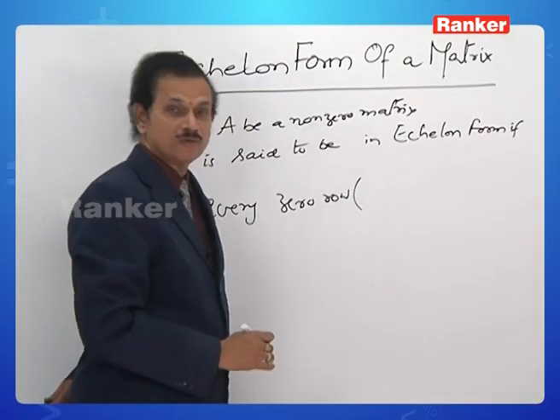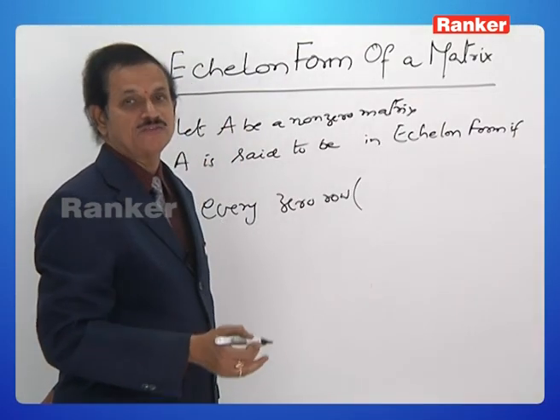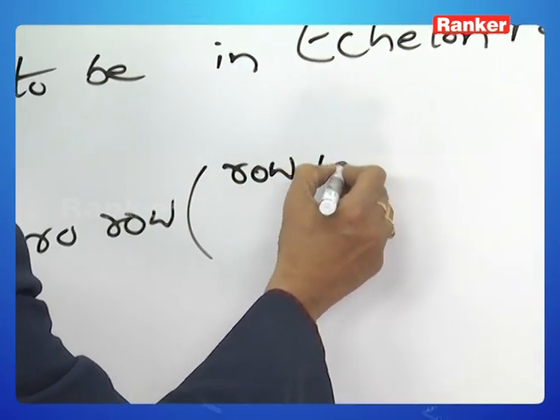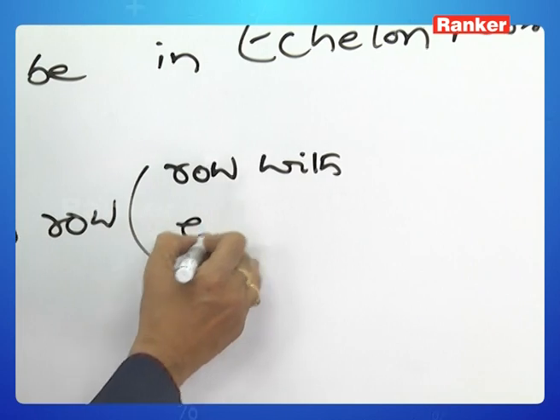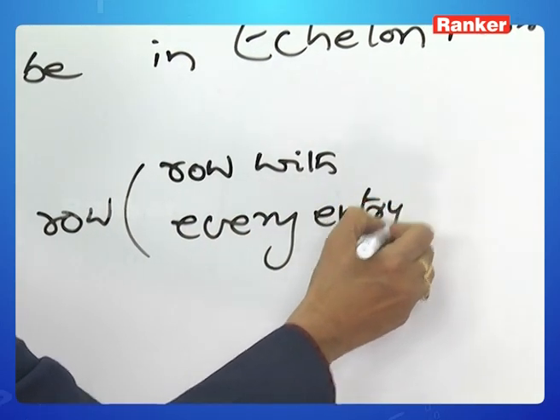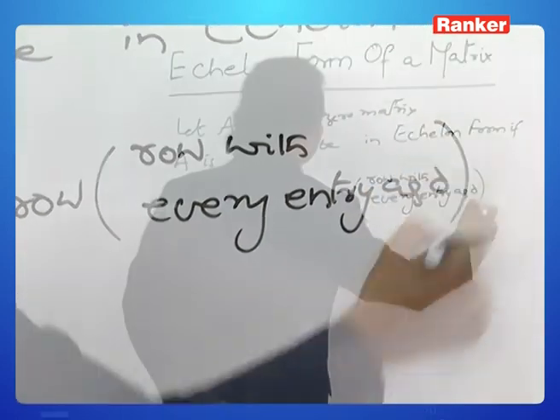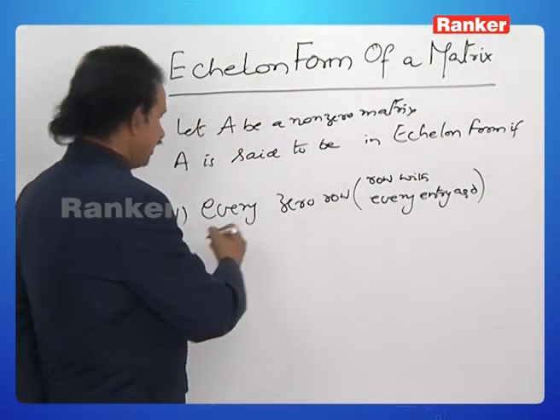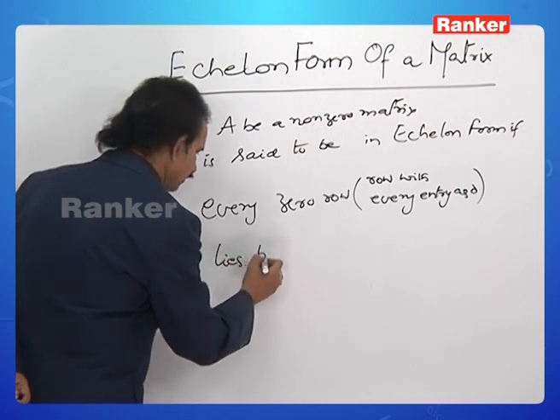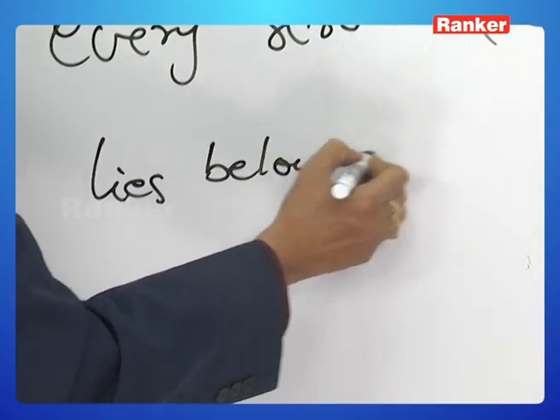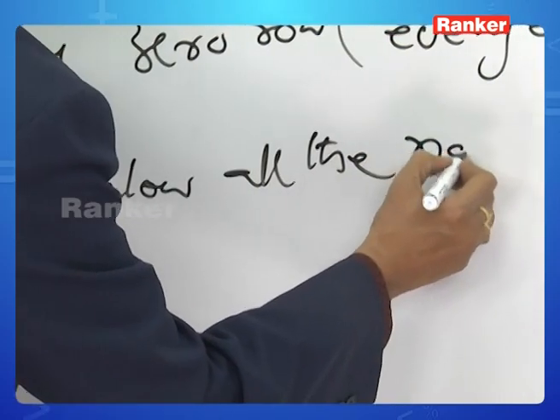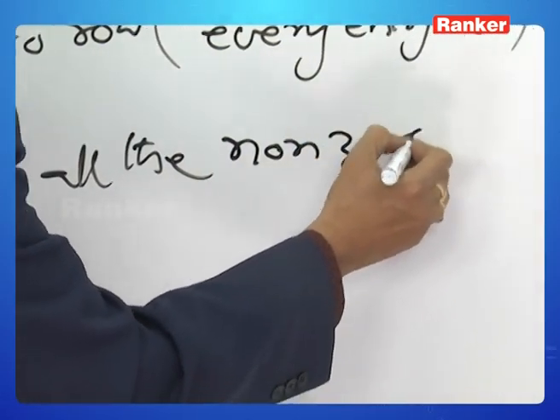What do you mean by 0 row? Row with every entry as 0.